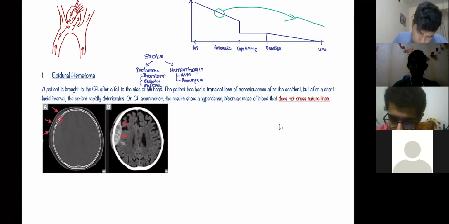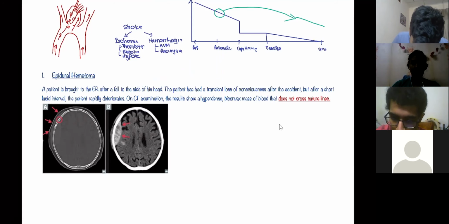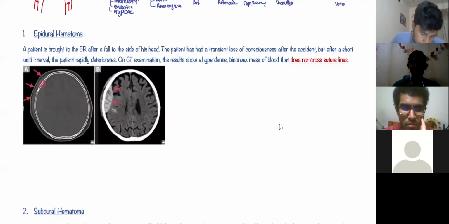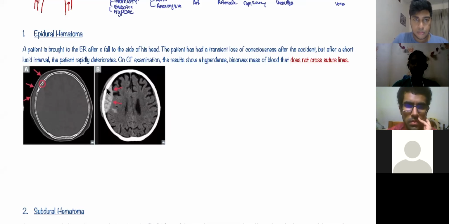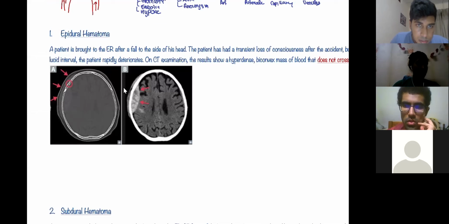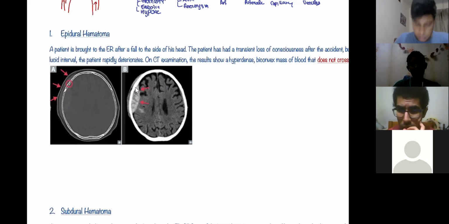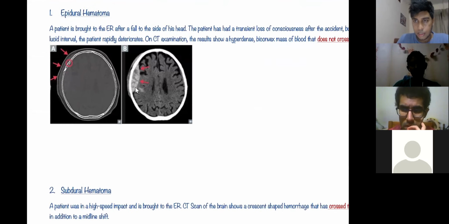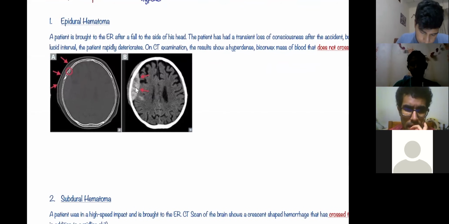Now, guys, read this case which I have given here for epidural hematoma. I need you guys to understand the dura mater.